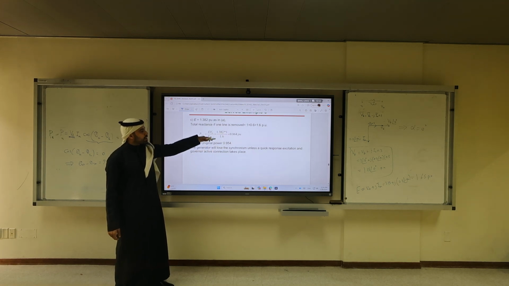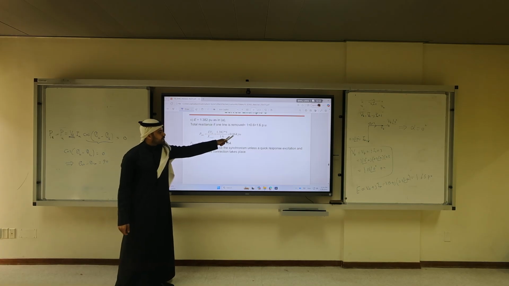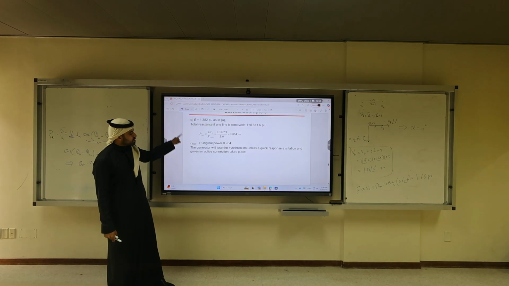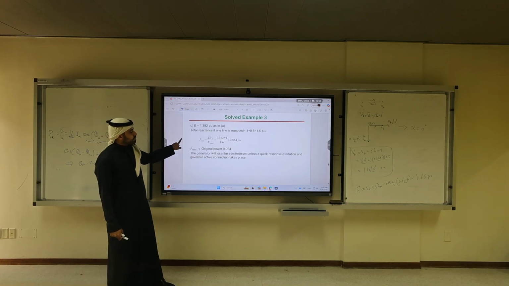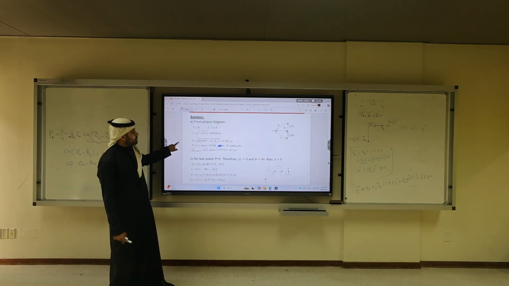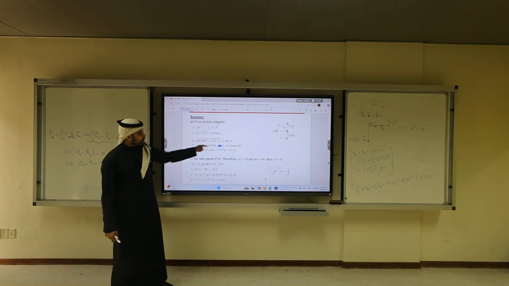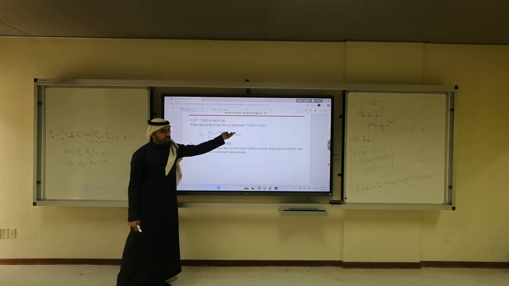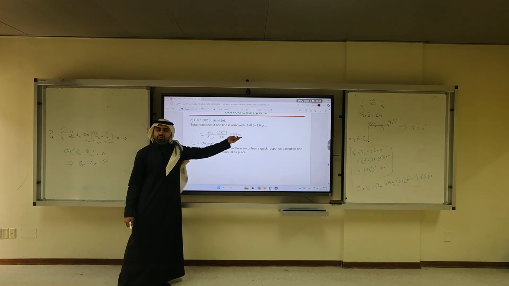So the maximum power that you can transfer is 0.864. However, under these excitation conditions, the original power is 0.954 in part A. Because 0.954 is larger than the maximum power, we go into the instability region.